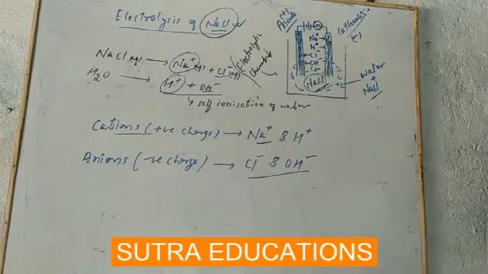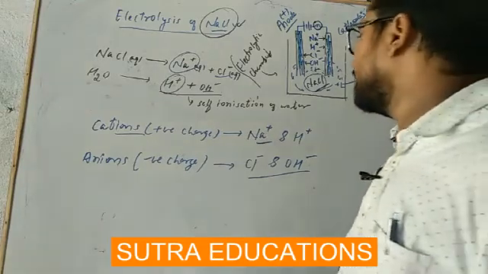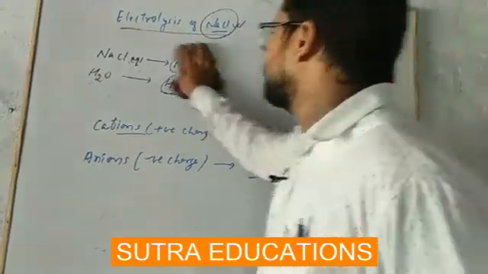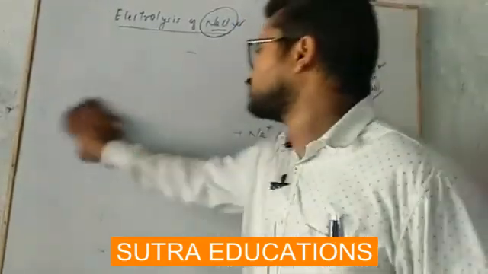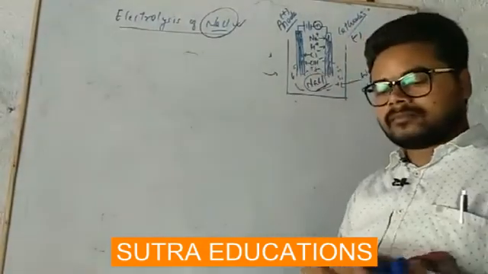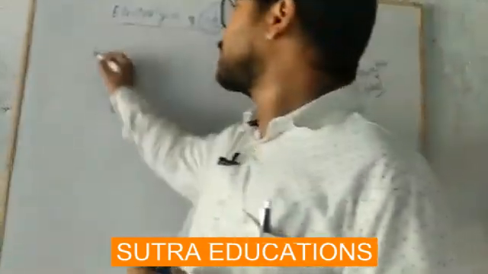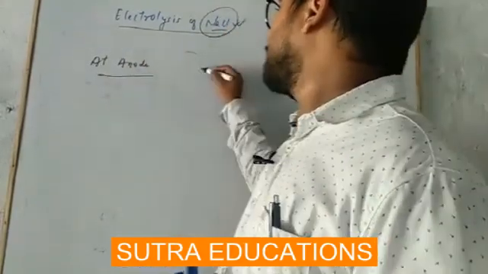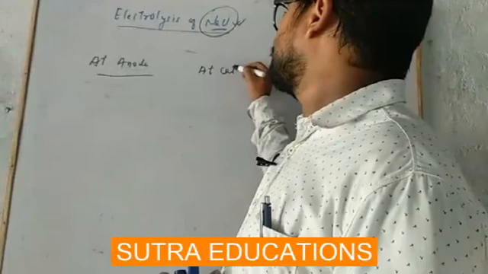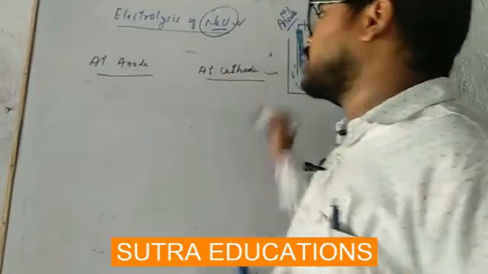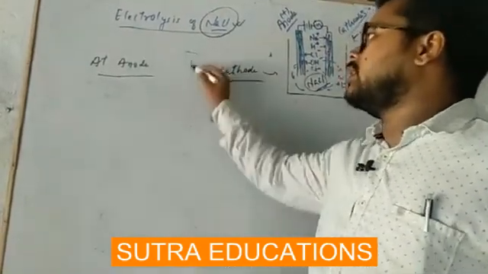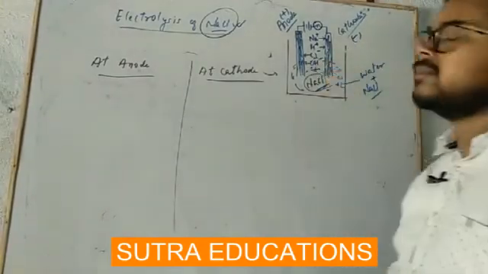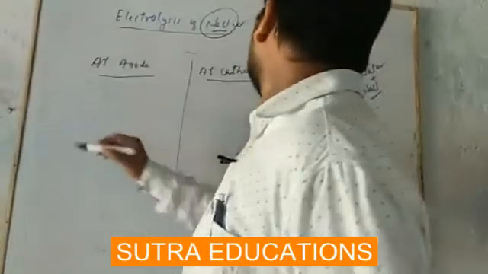So we have two things, anode and cathode. We will be writing the reaction at anode and the reaction at cathode. At anode we have discussed OH minus and Cl minus will be there.